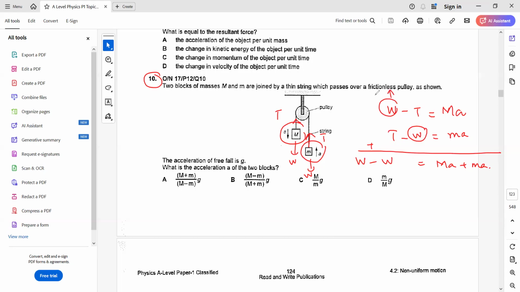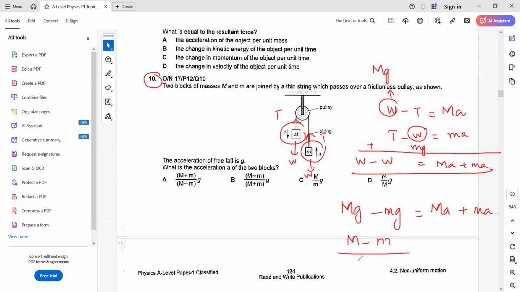So this W guy has to be Mg and this W guy has to be mg. So this would be Mg minus mg equals MA plus ma. So let's do M minus m over M plus m. This would be g and this would be a, right? So do we have any option similar to that? M minus m over M plus m. Yeah, we actually have. Good. Nice.